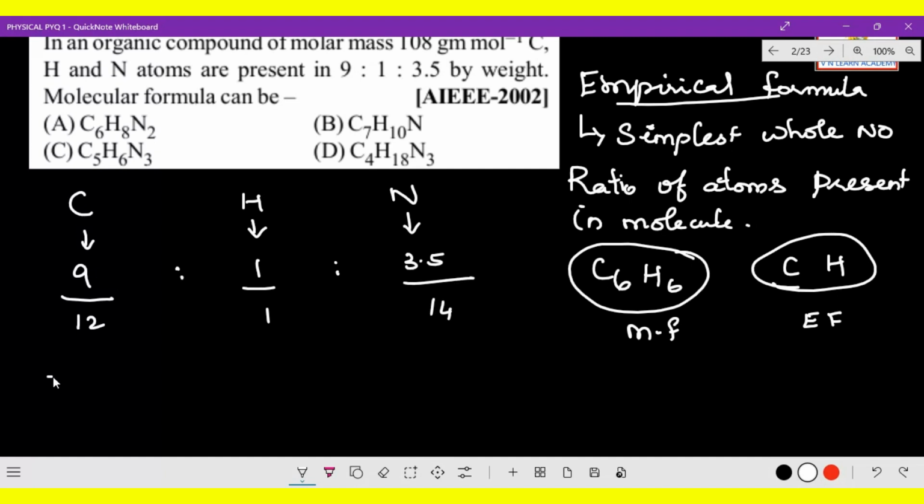So you will get 3 by 4, and here 1, and here, if you simplify, you will get 1 by 4.